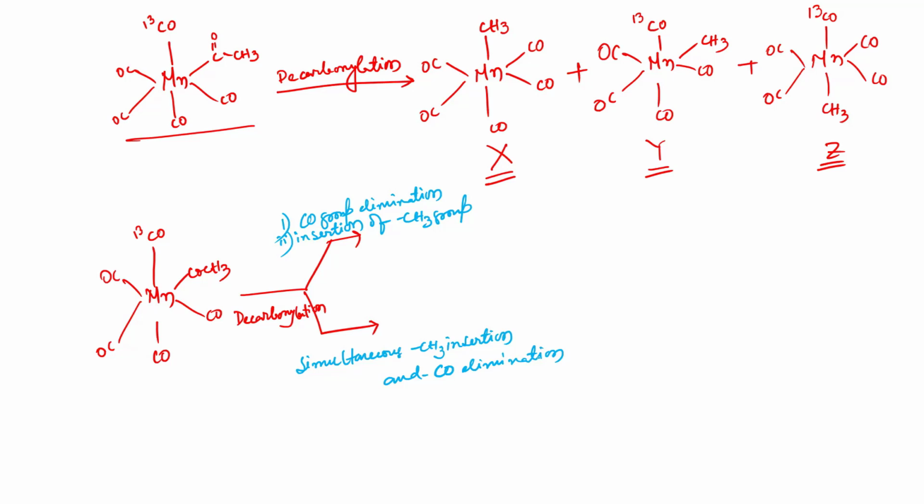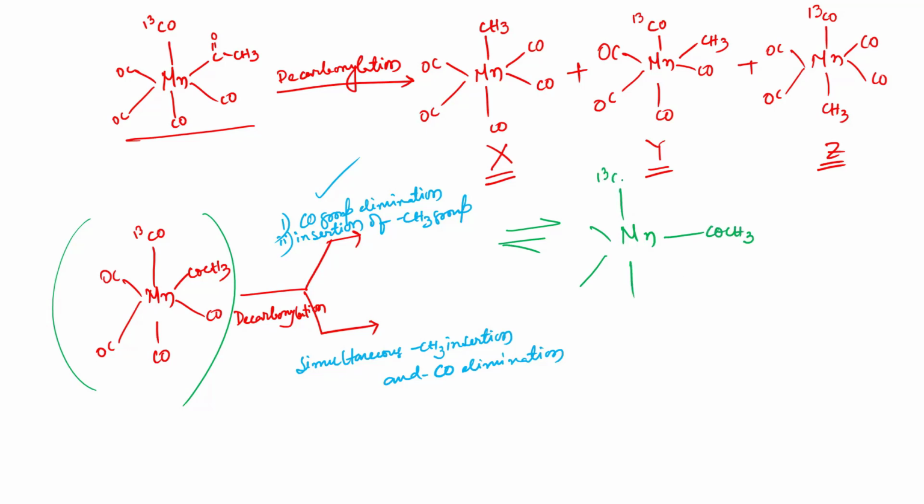Now, if we come to the first one, that is first CO elimination, then insertion of the CH3 group, what will happen? Starting from this compound, any one of the five CO groups will eliminate, and first this TBP complex will form.